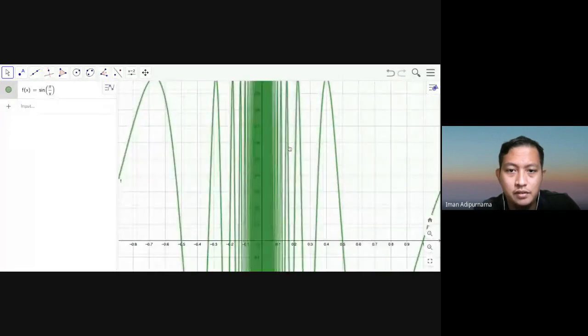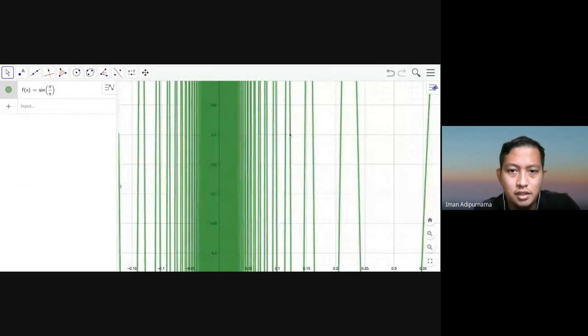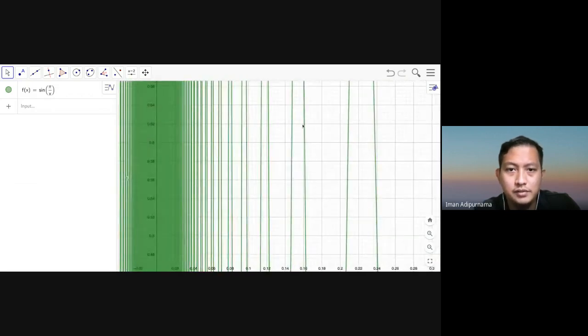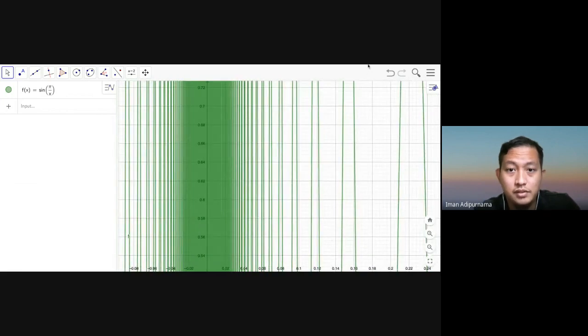If you look in the middle there, it's really, really messy, right? So the conclusion is it still doesn't have any exact value for the limit, because it's going up, it's going down, right?